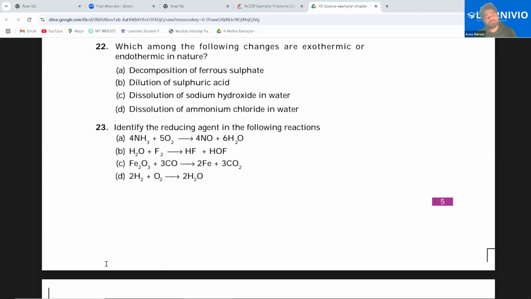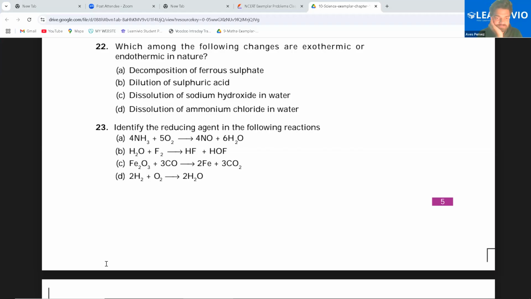For A, it's NH3, the reducing agent. You're saying A is ammonia, reducing agent. Yes. B, F2.